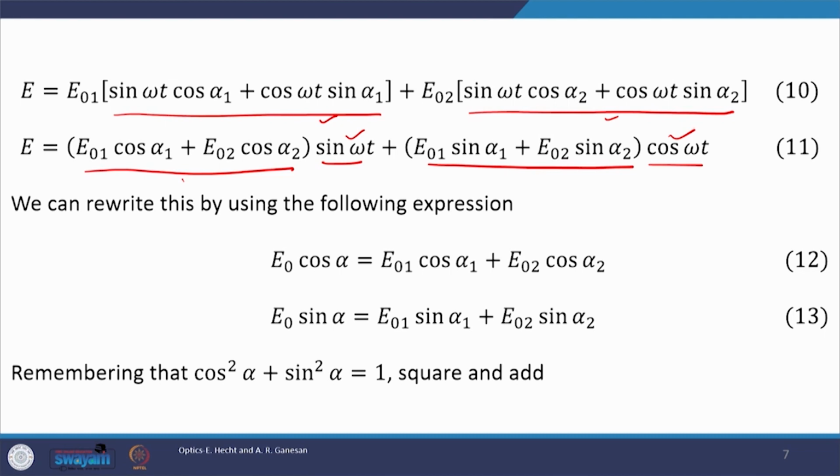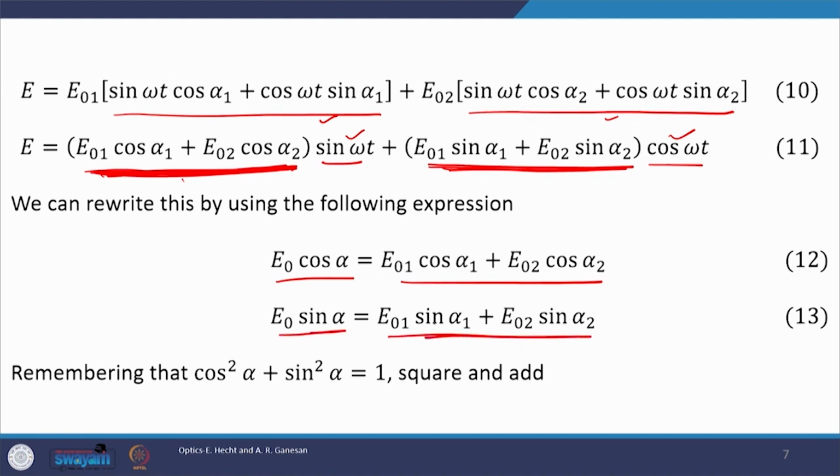Now, since the first term in the bracket on the RHS of equation number 11 is independent of time, let us represent this time independent part by E naught cos alpha. Similarly, the multiplication factor of cos omega t is replaced by E naught sin alpha. This is the term which is sitting with the second term in equation 11.